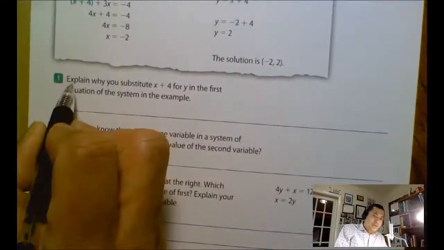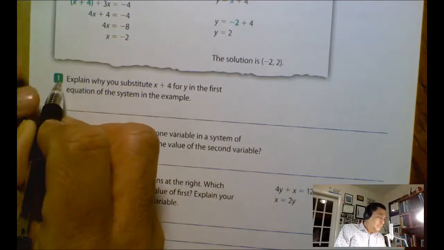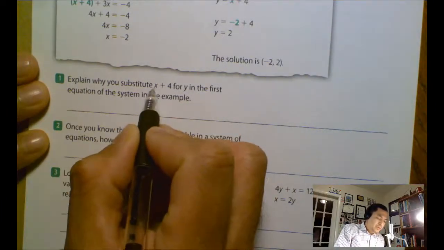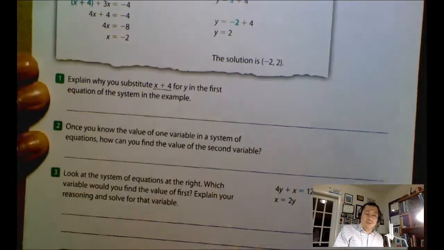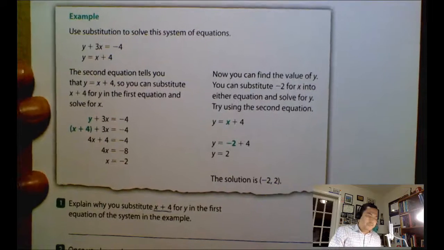So for example, here it says, problem number 1, explain why you substitute x plus 4 for y in the first equation of the system in the example.